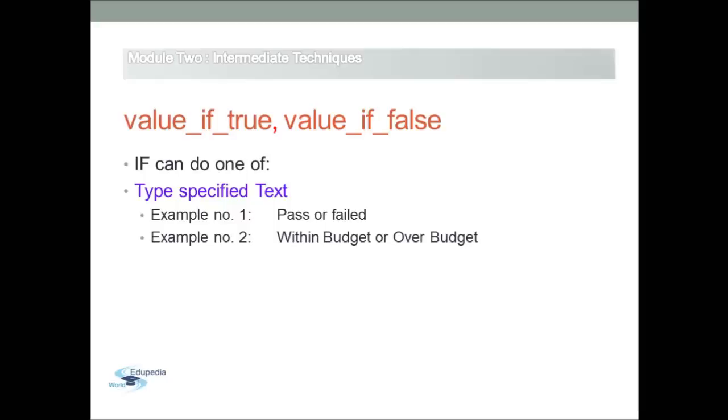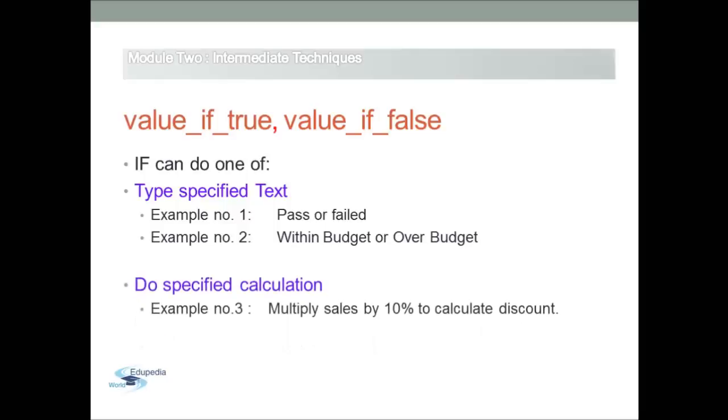Now let's see another type of action that Excel can do. It can do a specified calculation. In my third example, I will show you how Excel will multiply the sales by 10% to calculate the discount.